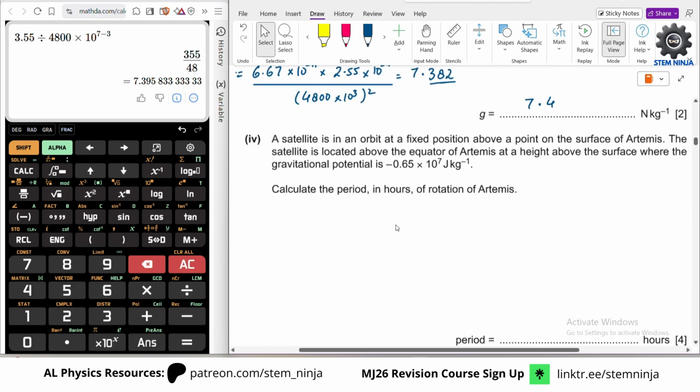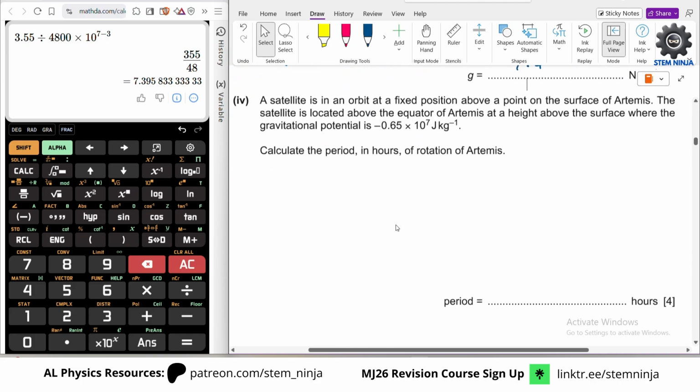Okay. A satellite is in an orbit at a fixed position above the surface of Artemis. The satellite is located above the equator of Artemis at a height above the surface where the gravitational potential is this. Calculate the period in hours of the rotation of Artemis.